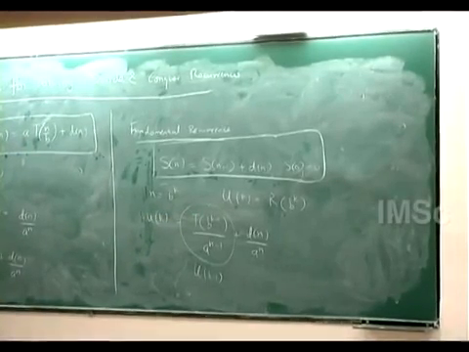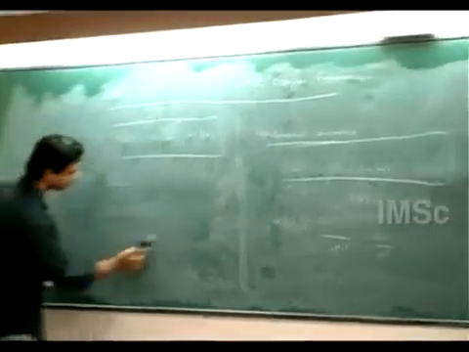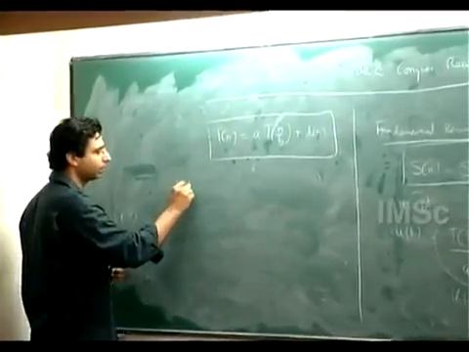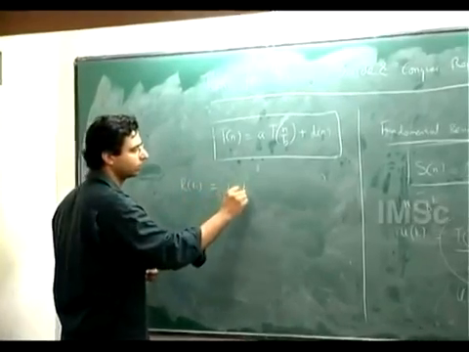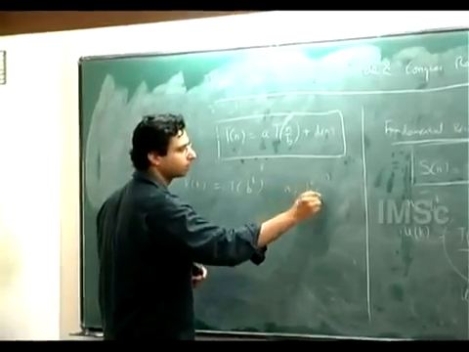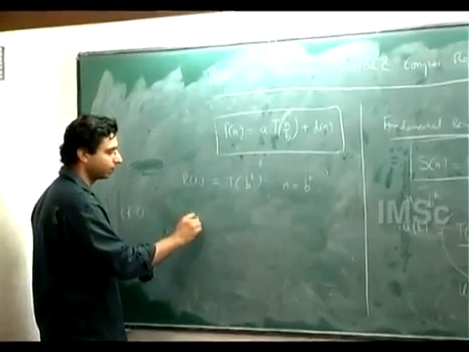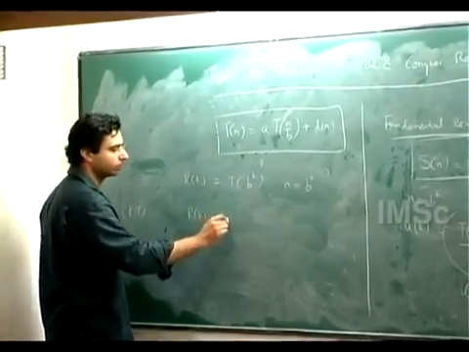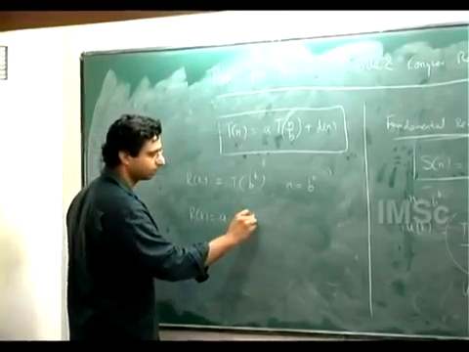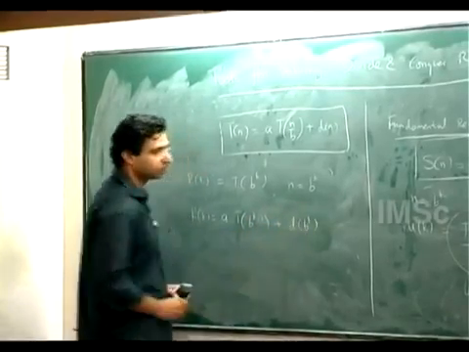Let's apply the domain transformation first. I am defining n as some power of b, so I get A of T of b raised to k minus 1 plus D of b raised to k.